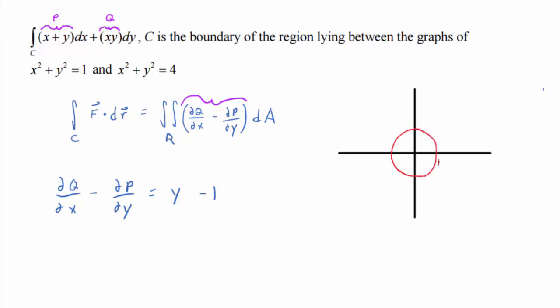So that's out a distance of 1. This is x, this is y. And then this is the circle centered at 0, 0, radius 2. I can draw that. It won't be a work of art, but that's okay.